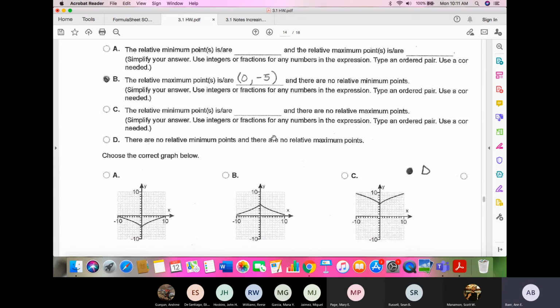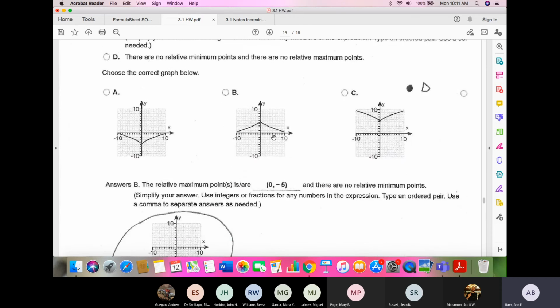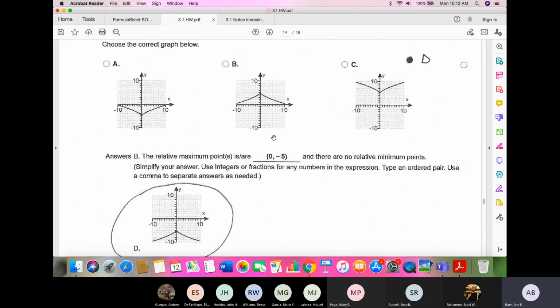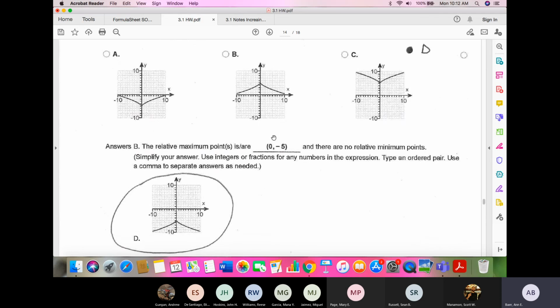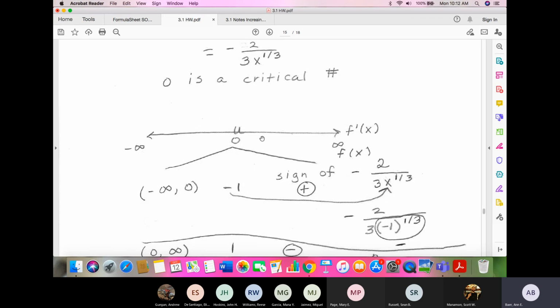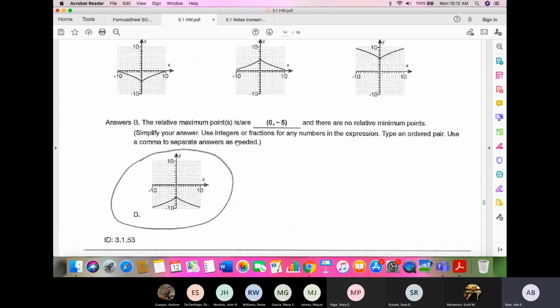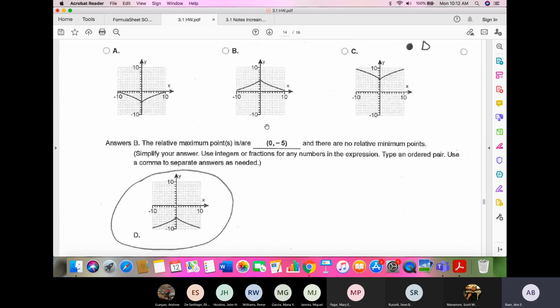And they want us also to choose the correct graph. Well, let's just take a moment and look at what we've got here. We've got an idea of what the graph of our original function looks like. It's got a peak here in the middle. So we know it's one of these two here.